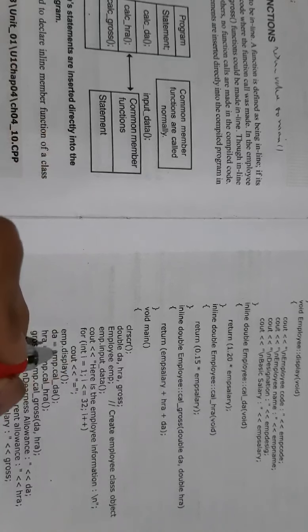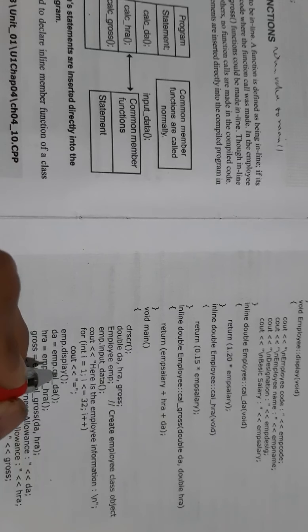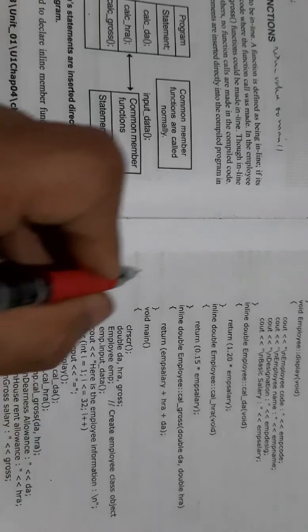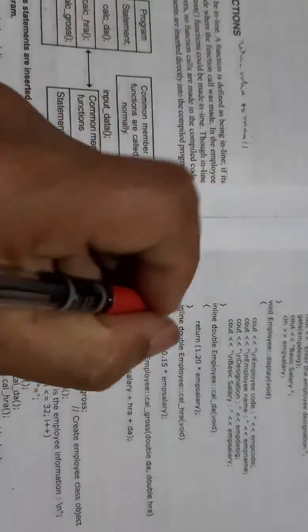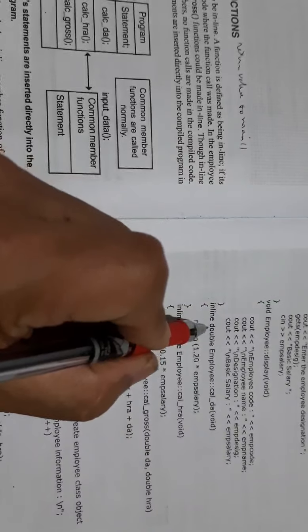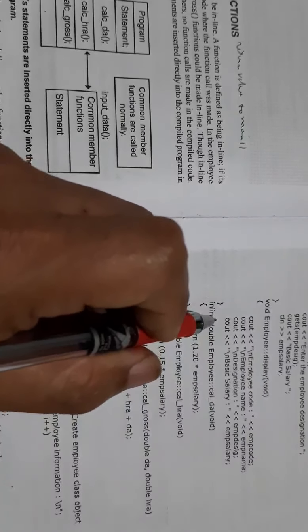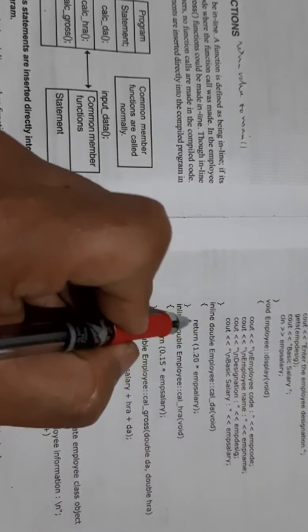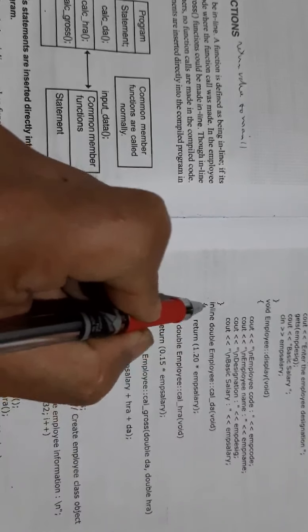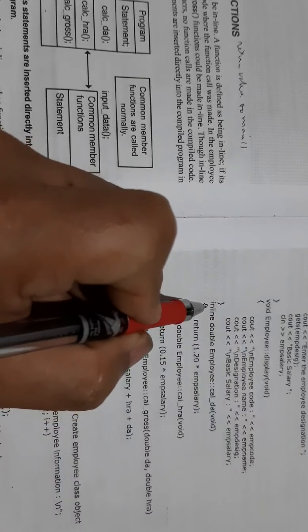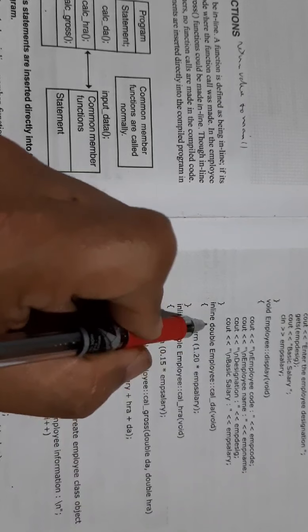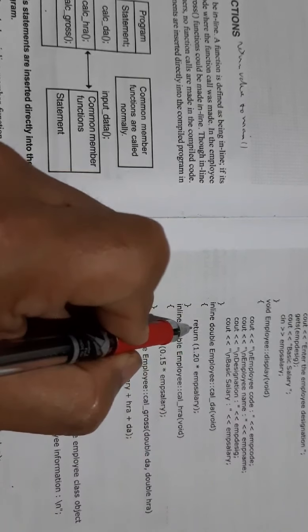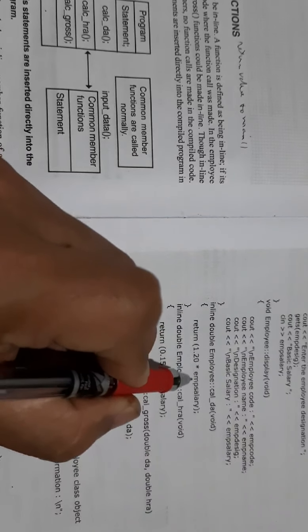Now when this calling function calls this function, in this case it has been declared here as inline. Like I said, inline can be used only when the function body is quite small. So what does it do? In this case, again, the return statement is there, 1.20 into employee salary.